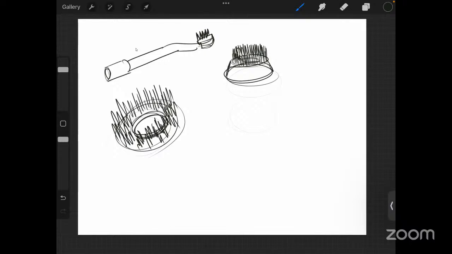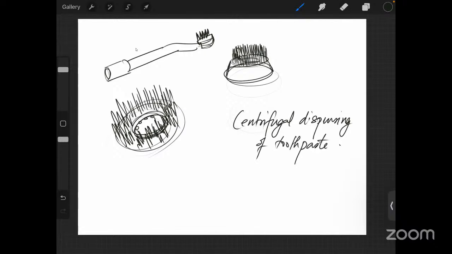And there might be a few small pores through which the paste could ooze out. So when it senses that it is inside our mouth and we are keeping it switched on, we could use centrifugal dispensing of toothpaste. So this could be fun.